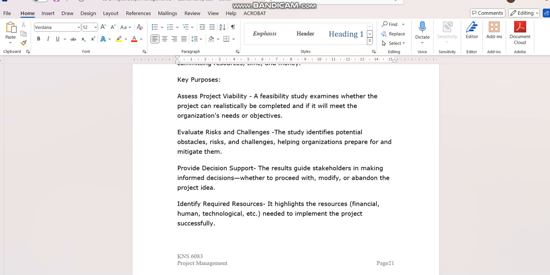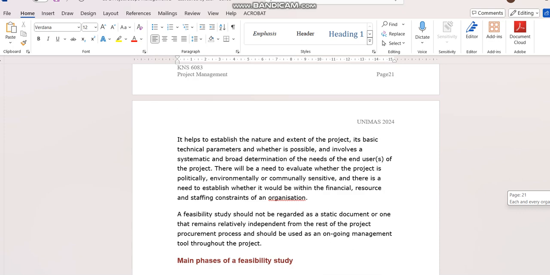You will also do some social studies and market studies, which in earlier stages we may not do in detail. Here we need a lot of supporting data and information to make sure that we are really going to go ahead with the project.